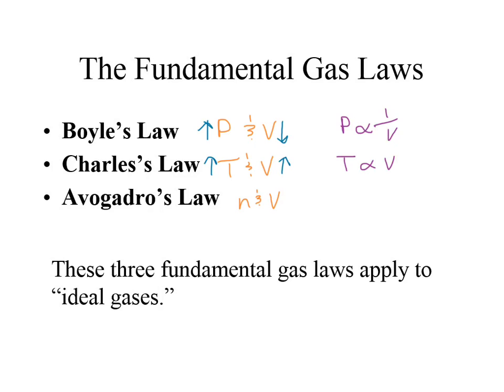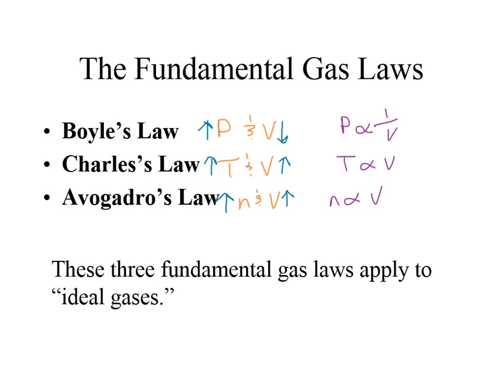If you're blowing up a balloon, you're putting more moles in your balloon, so you're increasing your n, and it increases your volume, as long as your pressure is the same. So these both are directly related: n is proportional to V. That is Avogadro's law. Then we're going to combine all those and get PV equals nRT, the last slide.